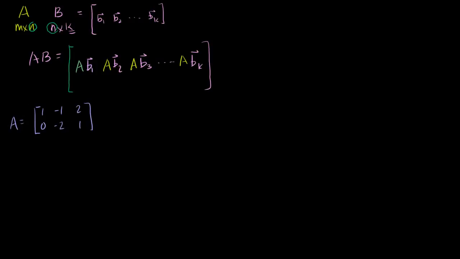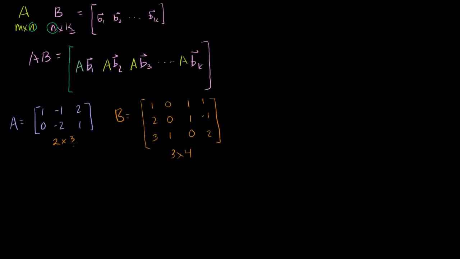And let's say that I have the matrix B, and let's say that it is equal to 1, 0, 1, 1, 2, 0, 1, minus 1, and then 3, 1, 0, 2. So A is a 2 by 3 matrix, 2 rows, 3 columns, and B is a 3 by 4 matrix. So by our definition, what is the product AB going to be equal to?